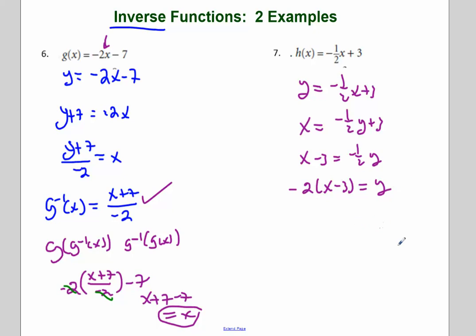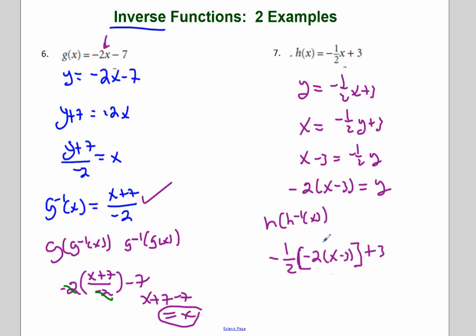Now we're going to double check, so we can do h of h inverse of x. And I'm going to take this and put it right in here. So I have negative 1/2 times negative 2, hence I'll put this in brackets, (x minus 3), and plus 3.